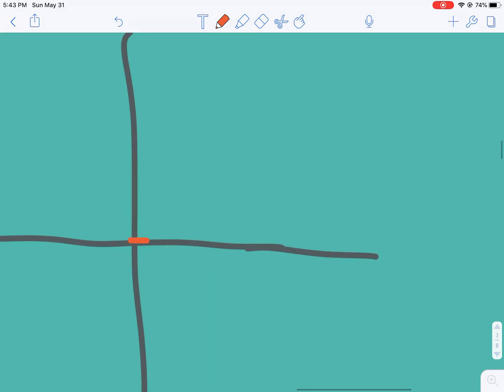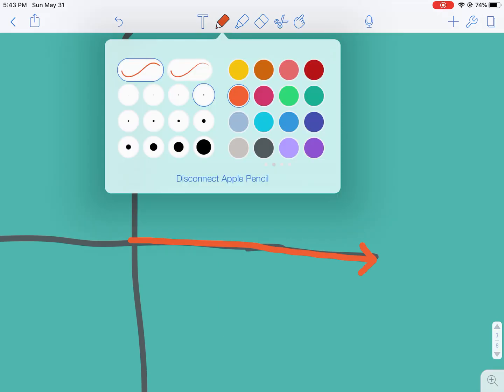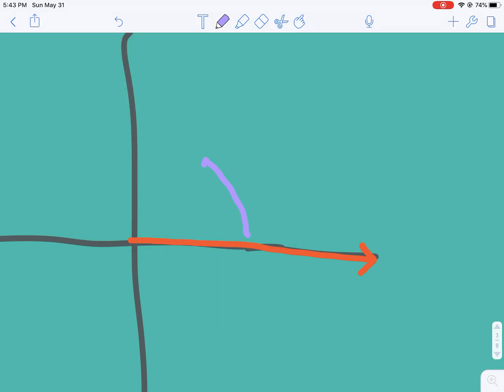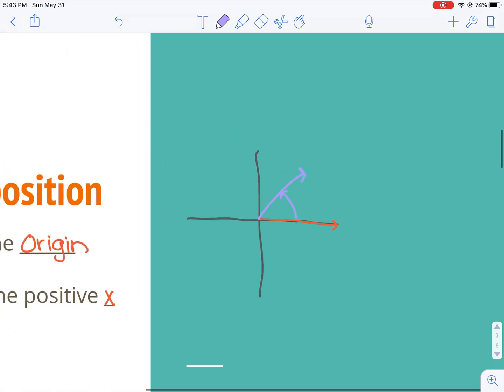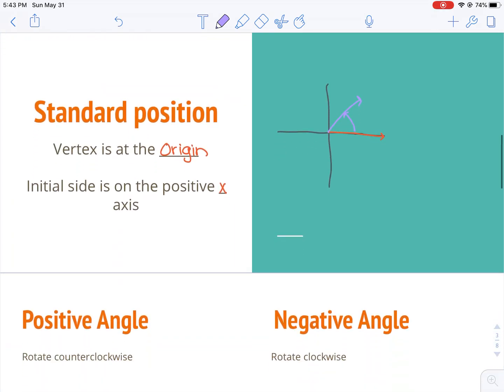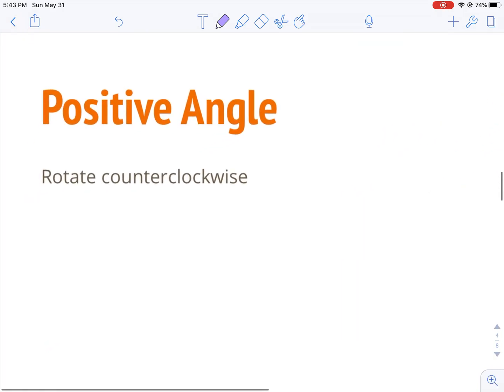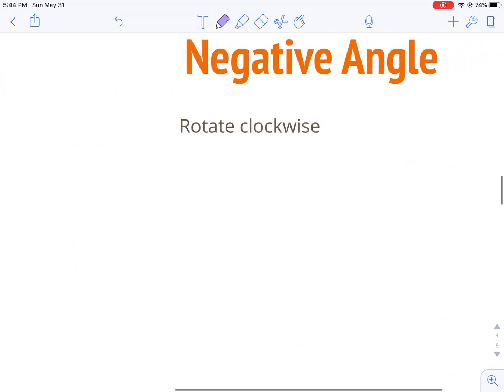So your initial side would always be here, and then you would rotate however far to draw in that final position. Your positive angle always goes counterclockwise, so you'll move that direction. If the angle is negative, then you're moving clockwise, so that direction.